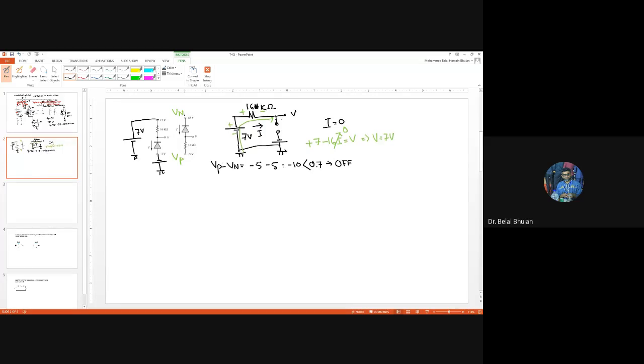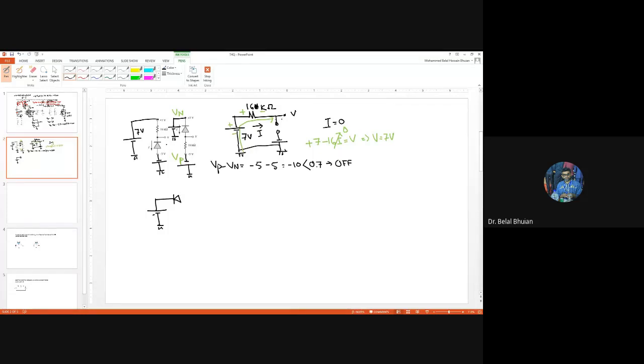Now again, if I draw the complete circuit, 5 volt means it is measured with respect to ground. And then if I redraw the circuit, starting from here, first 5 volt, then the diode.